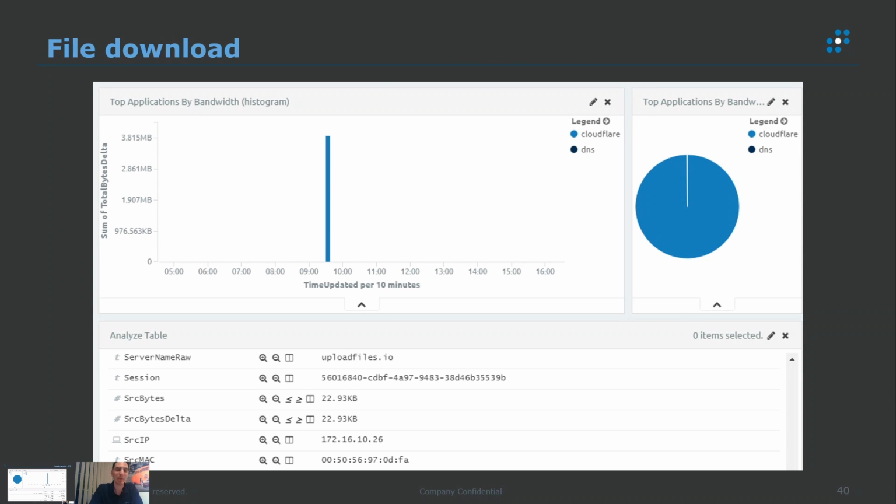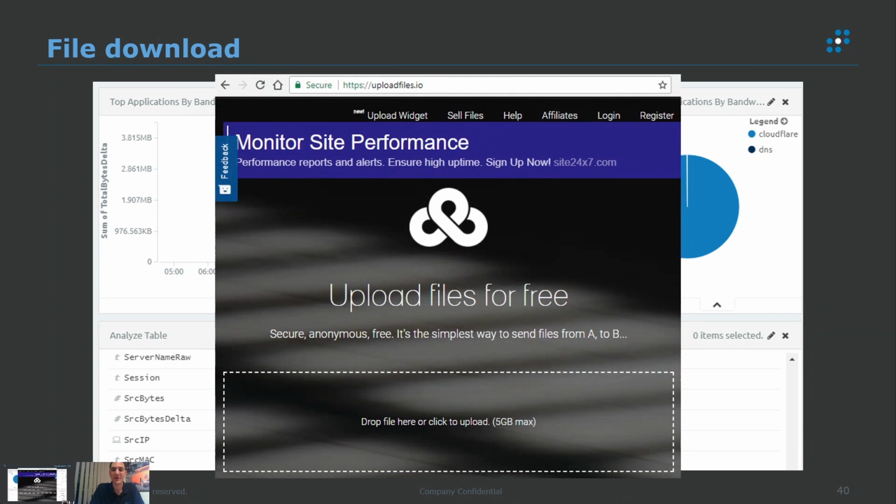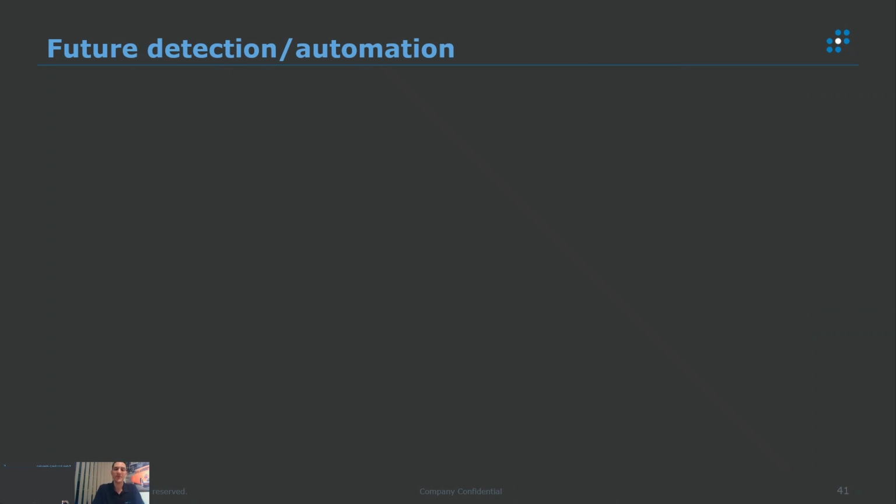Again, we could use the network monitor dashboard to pull out further network communications. And in actual fact, on that particular day, they pulled down Mimikatz from a free file uploader, downloader website. So something that started out very simple can turn up loads more results.